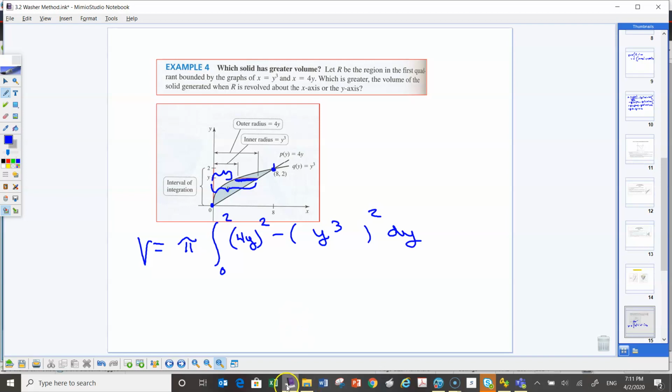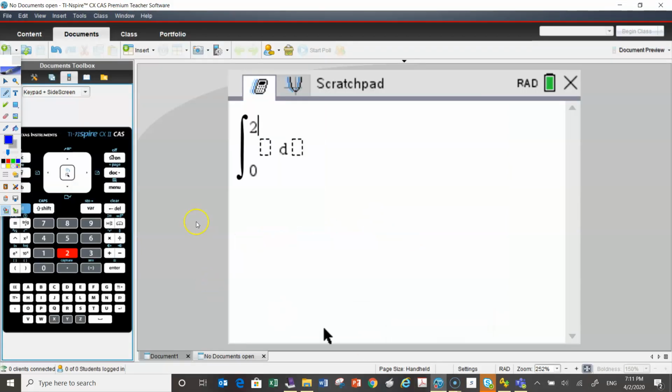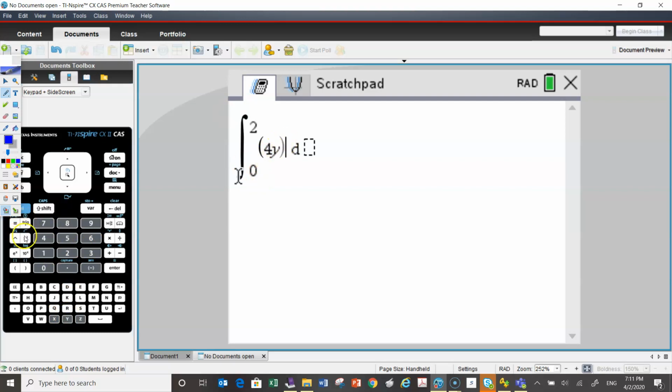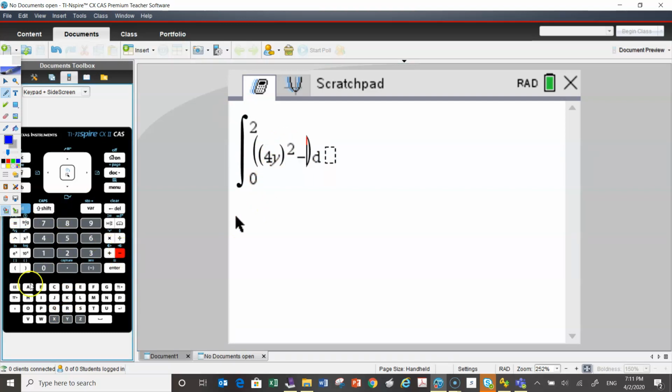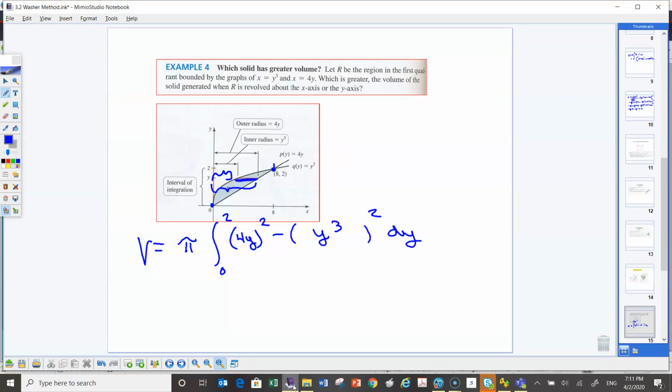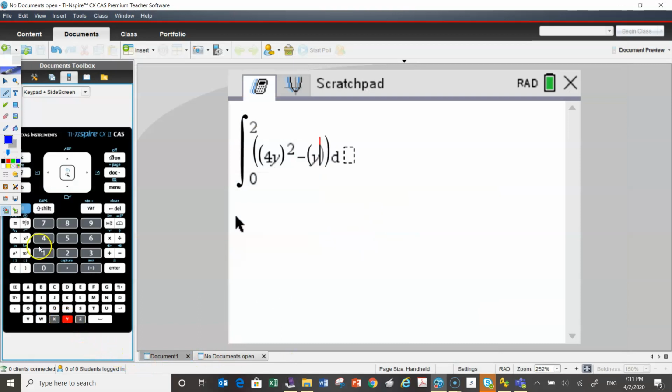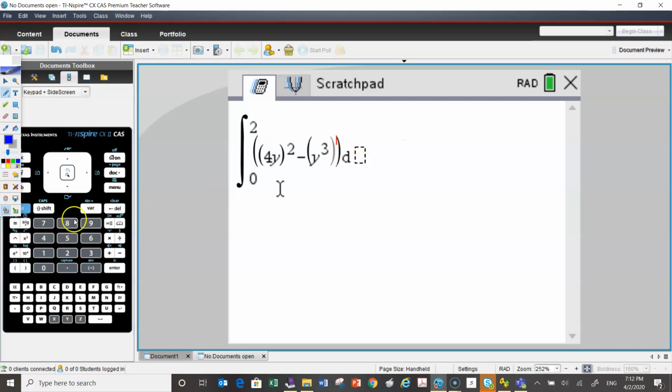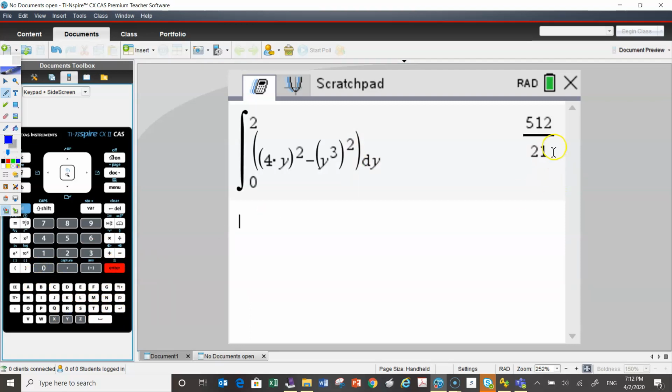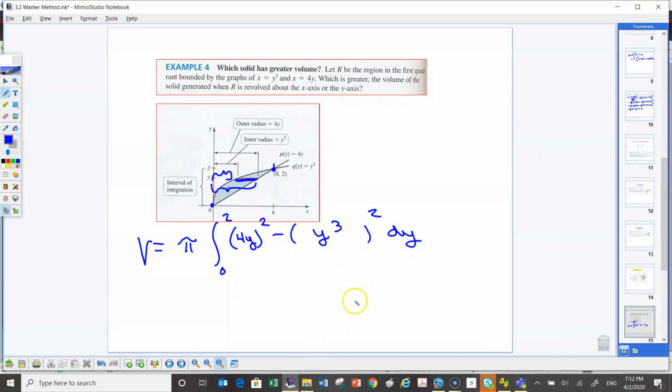My outer radius was 4y, all squared, so I have to open up a bracket: 4y, that whole thing is squared, minus, I have to open up another bracket, my second function was y cubed, all squared. And I'm integrating with respect to y. That results in 512 over 21, and if I multiply that by pi, the exact answer would be 512 pi over 21. So that would be my answer if I've revolved this around the y-axis.